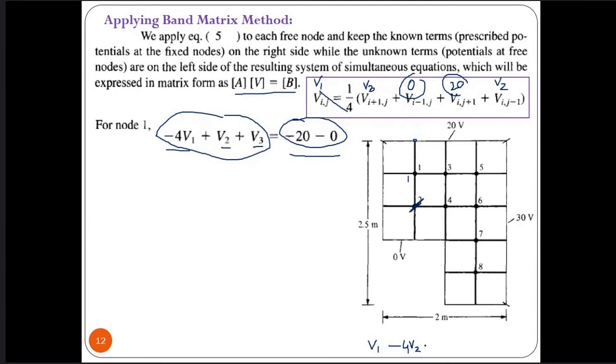V1, plus V4, equals 0, because all the fixed nodes are 0. So 0. Why is it plus 4 V2 here? Yes, it will be minus here, that was a mistake.